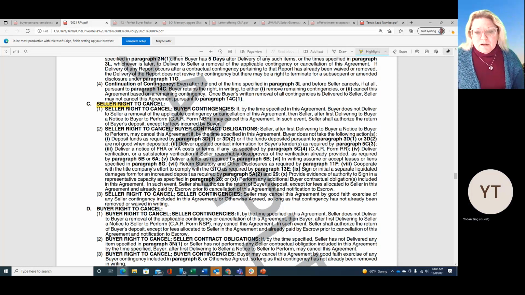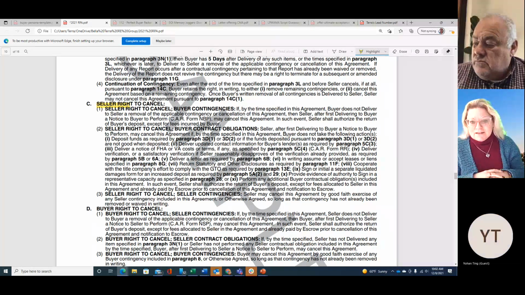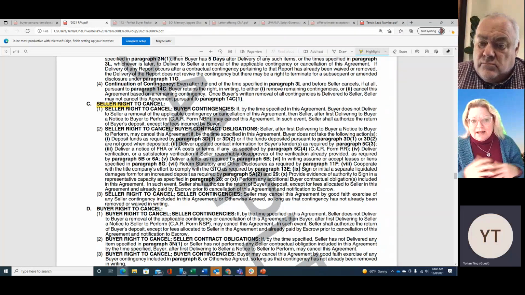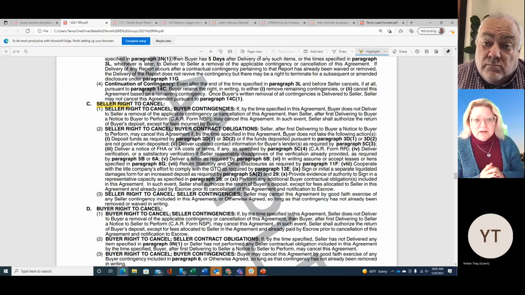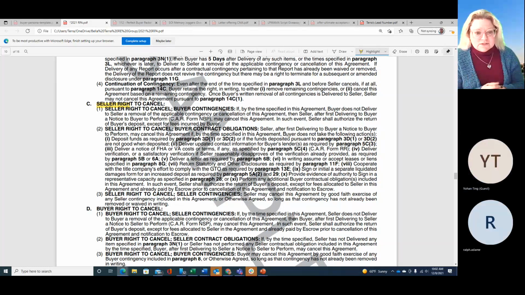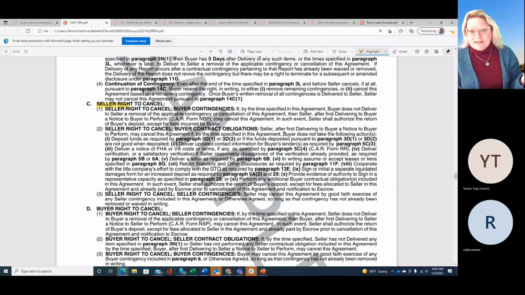So again, special definitions. What this is stating is that the buyer has the right, obviously, as long as there's a contingency period open, and as long as certain contingencies have not been removed, that they can cancel this contract.